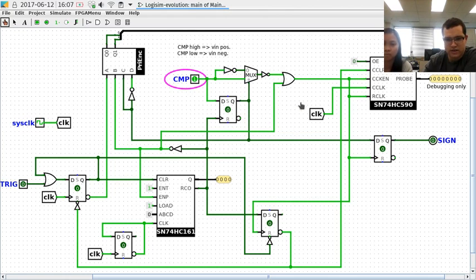which caused several things to happen at the same time. First, it disabled the counter. Second, it wrote the count to the output register.